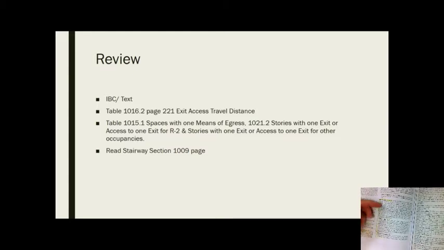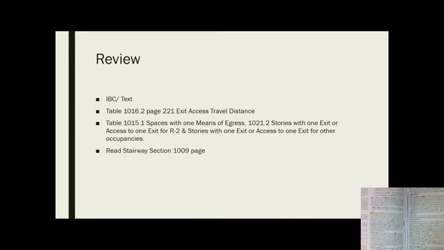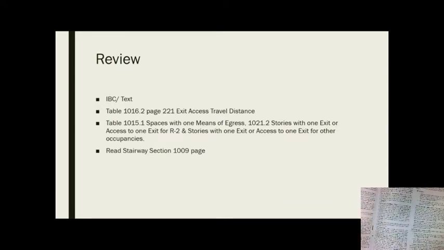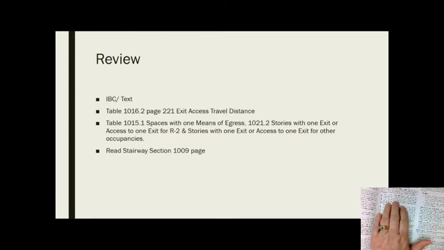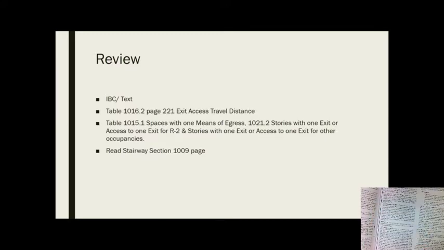So this particular area, you can see how I have it highlighted and marked. All of this you need to make sure that you have put in place. We're going to learn later on about communication, two-way communication, and level of exit discharge. So this whole chapter here is very important.